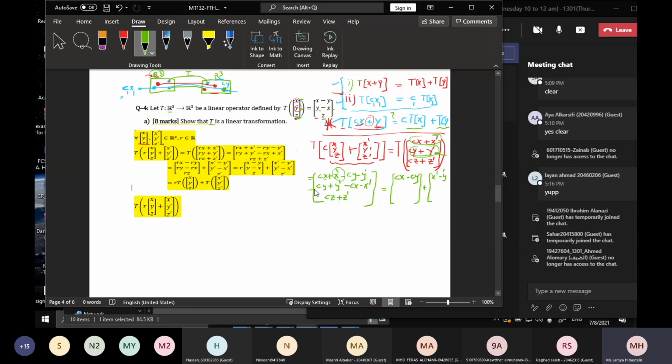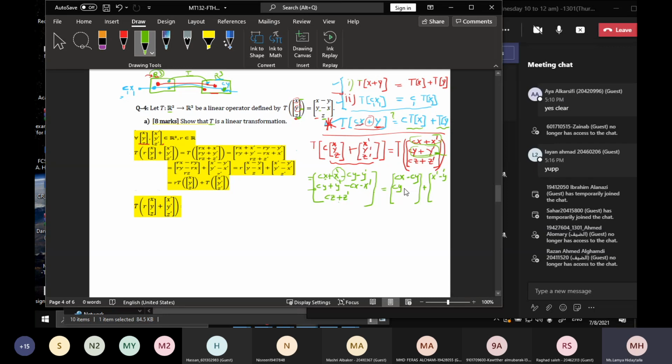Now we do the same here. So cy minus cx, and here y dash minus x dash. And then the last, here we put cz, and here z dash. So this vector plus this vector.